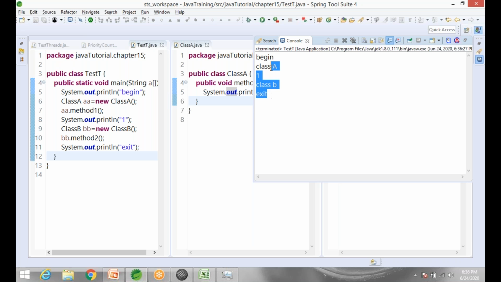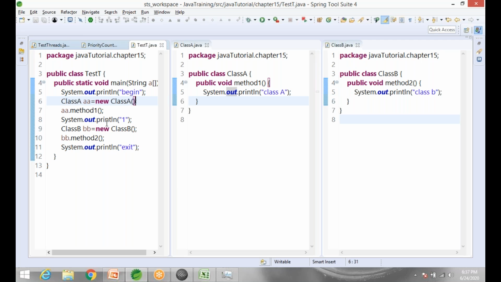So it's everywhere. When the main program was doing something, the other programs did not do anything. Class A was processing, the other 2 sit idle. Then the main program, then class B, and then again the main program. This is sequential programming. Only one thing happens at a time.